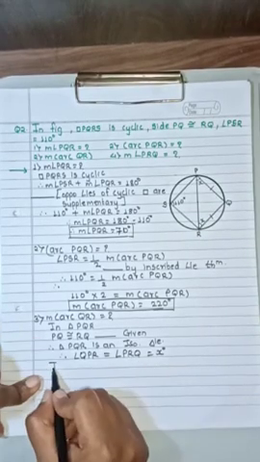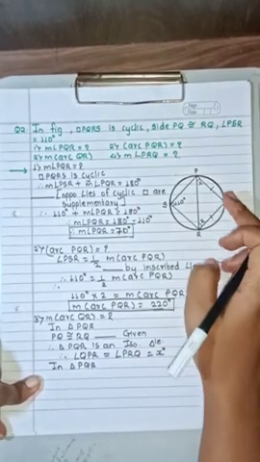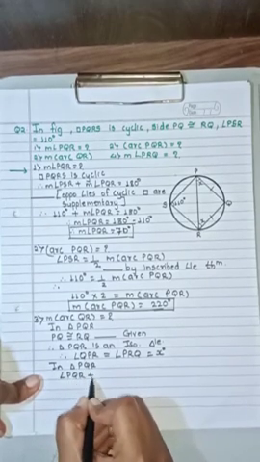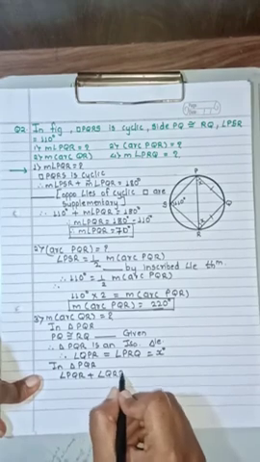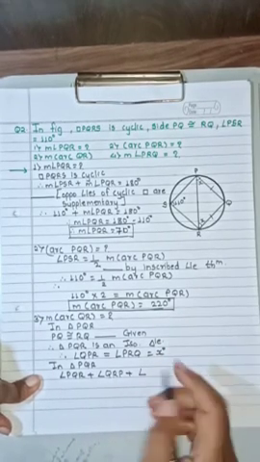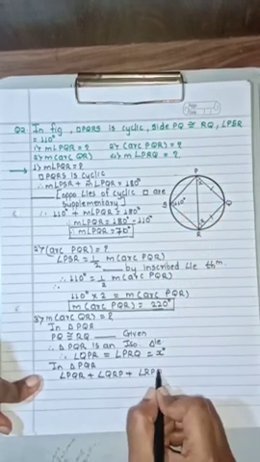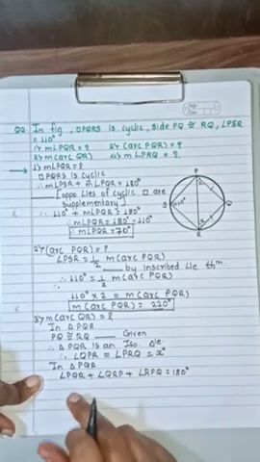Okay, therefore in triangle PQR, angle PQR plus angle QRP plus angle RPQ is equal to 180 degrees. So PQR is how much?